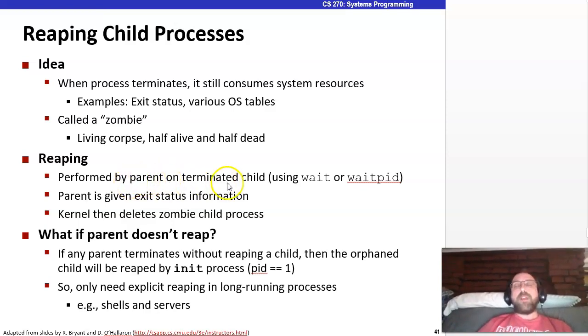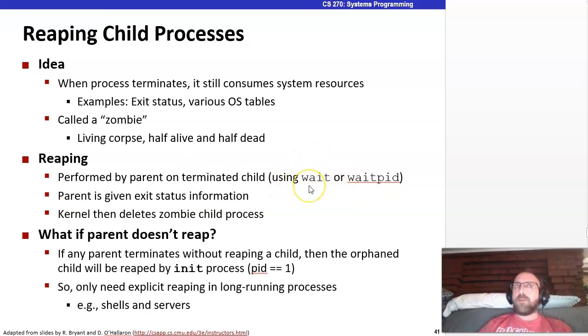So after the child terminates, if the parent calls wait or waitpid, that will return some information about the process, its exit status in particular, and also an indication of whether it was exiting because of normal termination, exit in a program, or because it received a signal. So when our process terminates, the parent calls waitpid, gets that information.